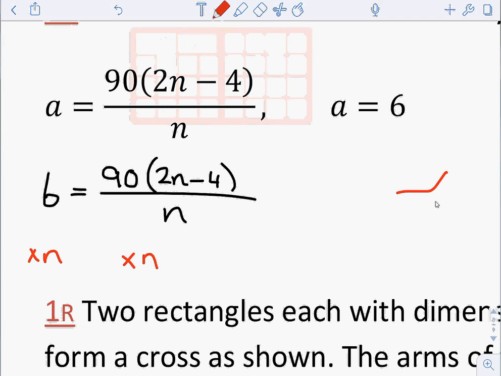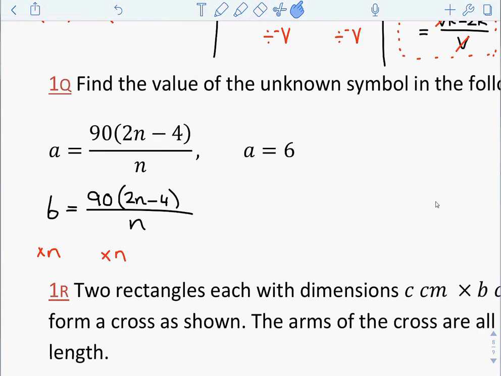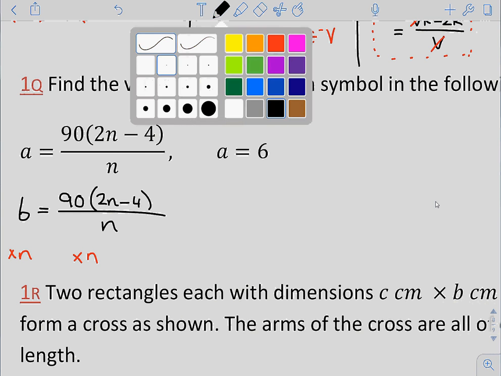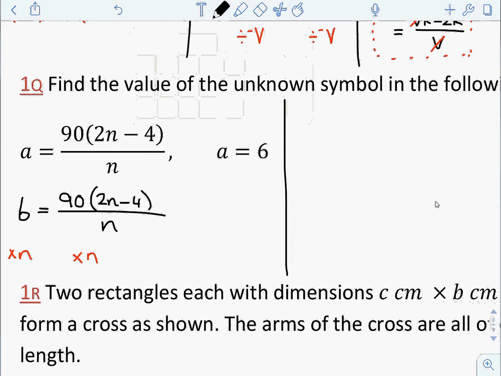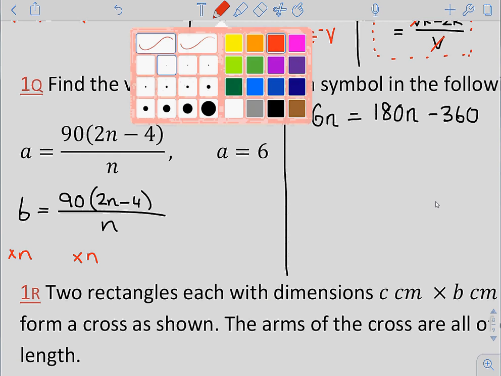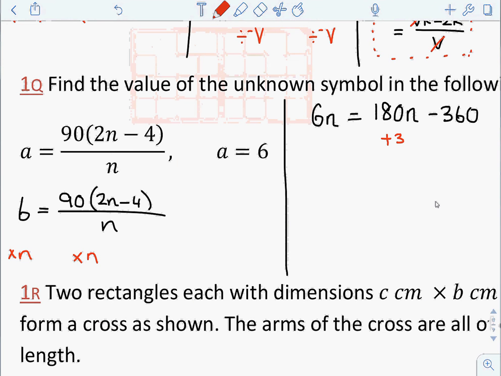I'm going to go to a whole new line of working, a column of working. Leaves me with 6n equal to 90. Well, let's expand that at the same time. Let's expand the bracket or the numerator. Gives me 180n minus 360. I'm going to add 360 to both sides, so plus 360.